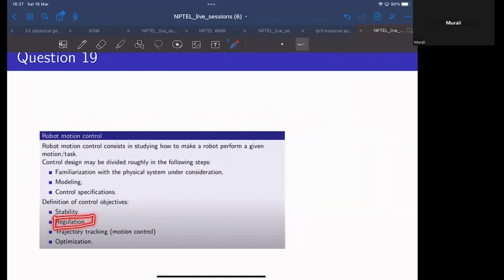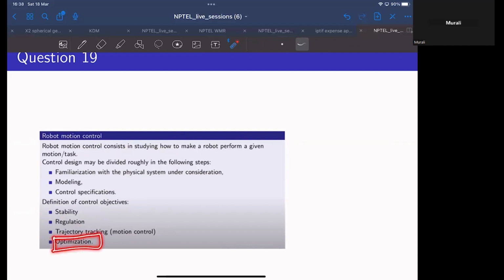Regulation: if we have an initial position, it should always try to reach the final configuration, irrespective of the initial condition. Trajectory tracking: if we want the robot to move such that at each and every point of time it follows a particular, definitive trajectory, that is also an aim of robot motion control.